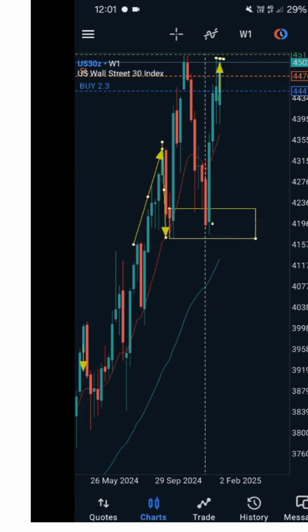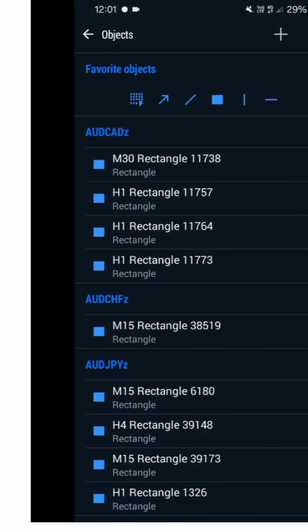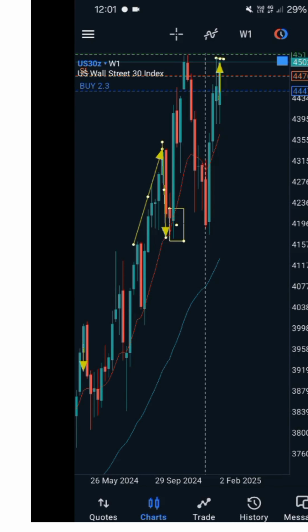So I like looking at more recent structure. What you can see here is price has been moving from that buy zone, because this demand zone is the one responsible for taking out this high. Taking out that high was a very aggressive move. As you can see, it just took 1 week for us to create that high right there.